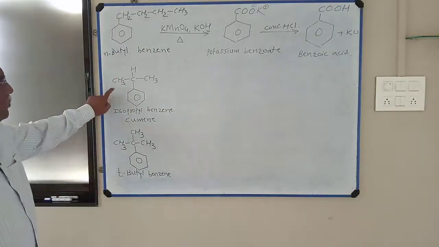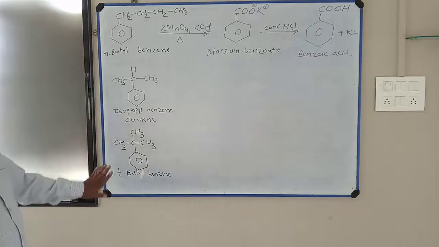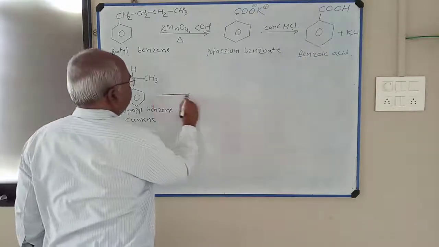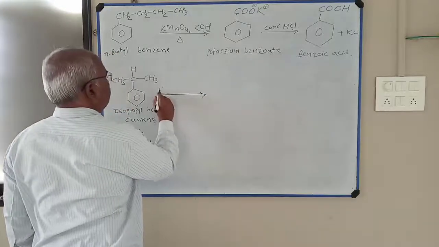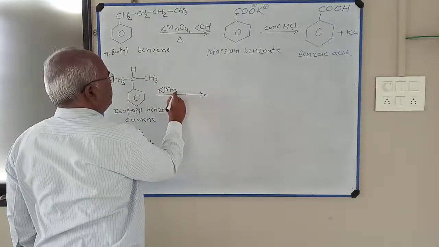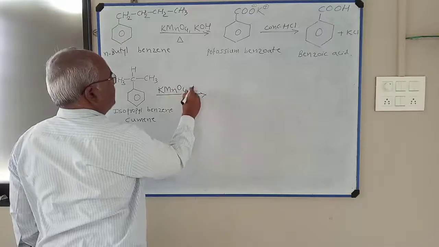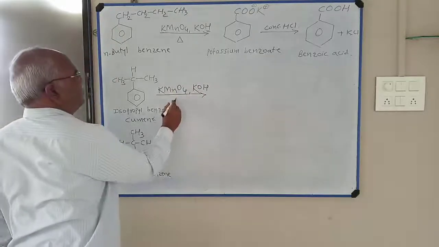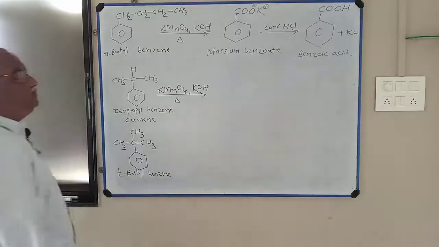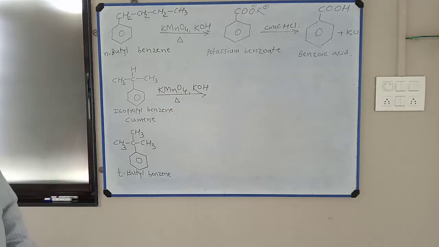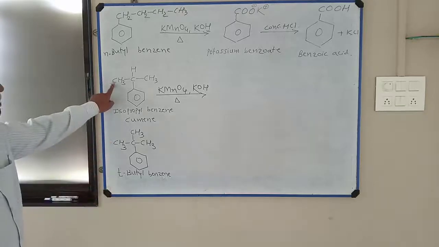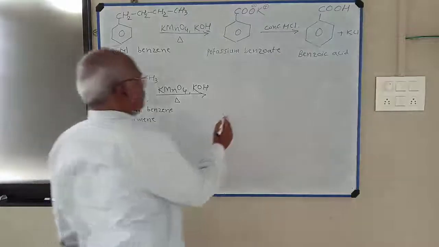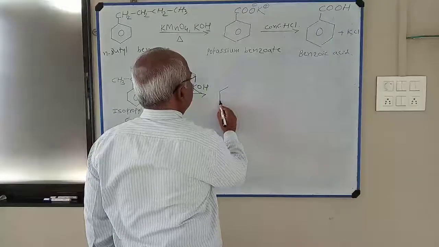Now come to this example, isopropyl benzene, that is cumene. Its oxidation is carried out by using potassium permanganate in presence of alkali, potassium hydroxide, heating is represented by delta sign. Oxidation of both the carbons takes place and again potassium benzoate is produced.